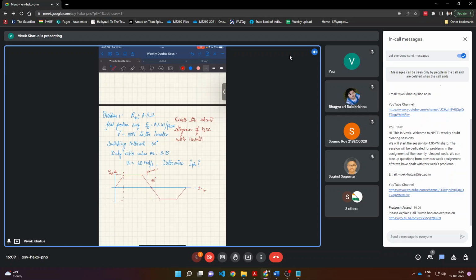This is when the direction is reversed. At 180 you would have the south pole facing that face. That's the reason that we have to switch the current that flows through it.